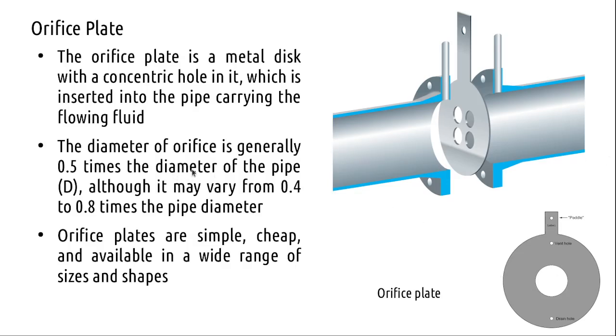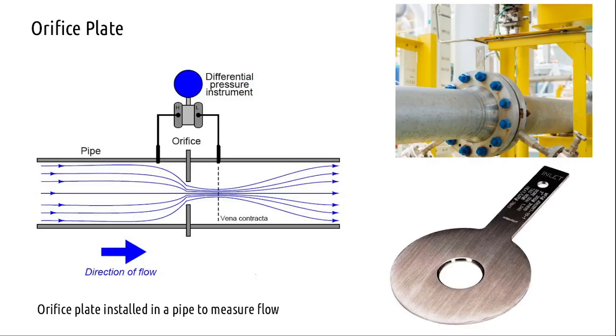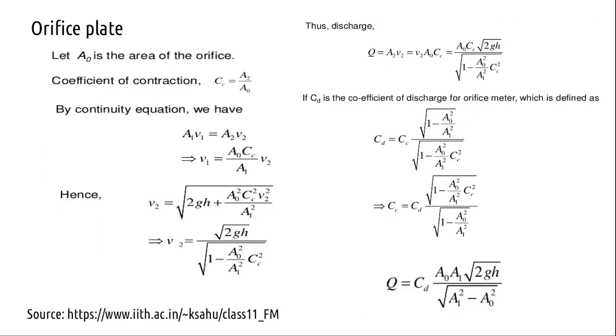And you apply Bernoulli's equation, and you will be able to relate the cross-sectional areas A0 and A1 to the flow, and this is the coefficient of discharge.